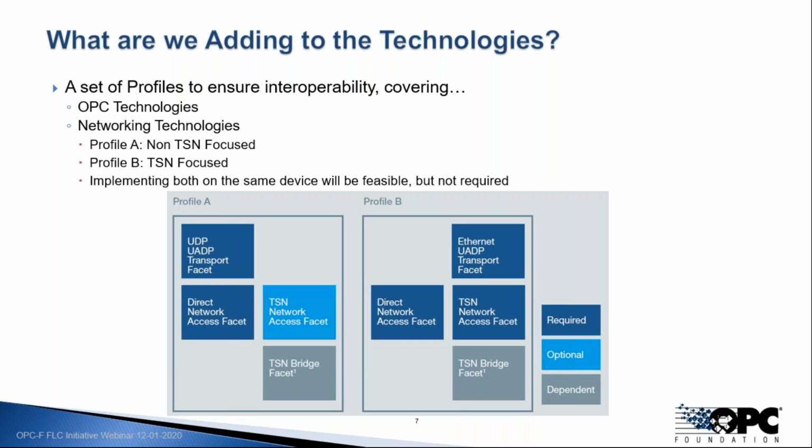They should be able to live on the same network depending on the network architecture, because TSN in general allows for non-TSN based traffic to exist on the network at the same time. But if one device only implements Profile A and the other one only implements Profile B, they will not be able to communicate in that scenario.